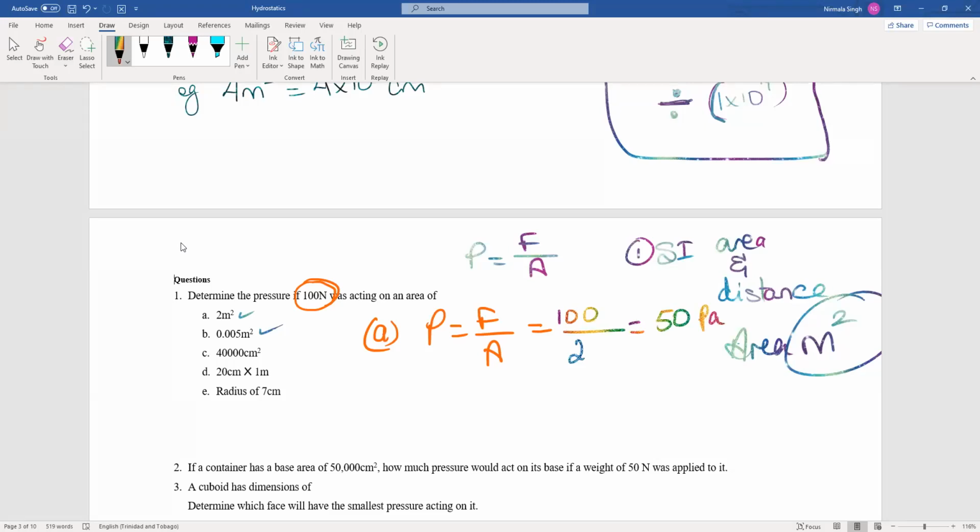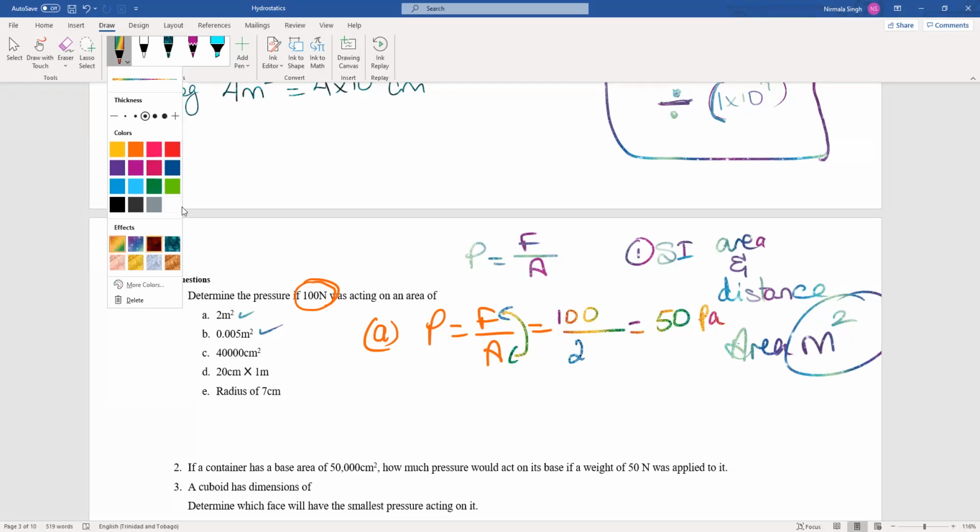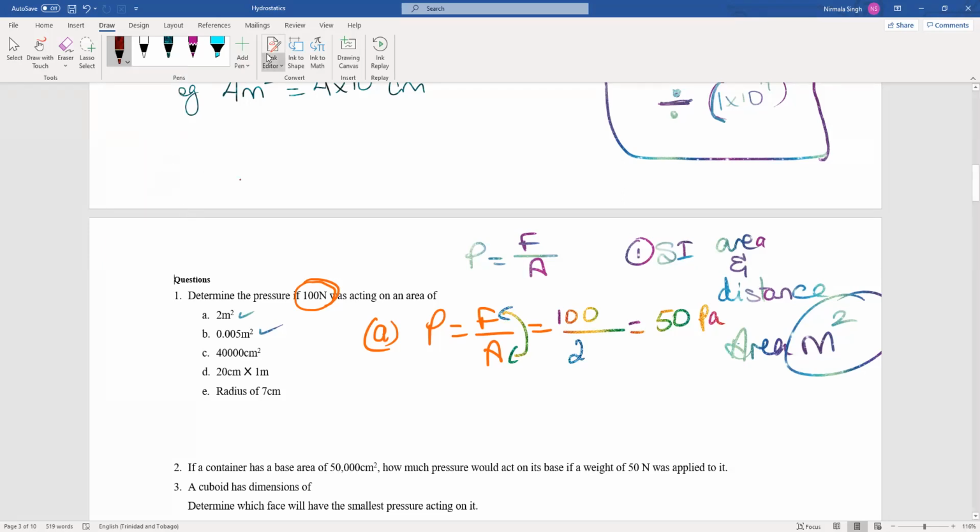So go ahead and give the others a try. We could spend about 5 minutes doing this because we just have to convert our number, then do our division. I'll put up the answers on the board, and if anybody wants me to go through any, we'll go through them.